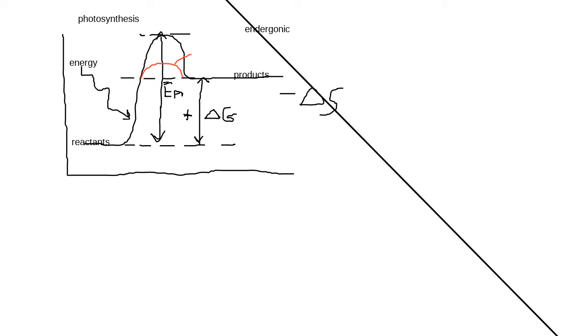I just wanted to make sure you knew where your activation energy might be in a reaction like this. So that red arrow would be your activation energy with enzyme, and the black one next to it would be activation energy without enzymes. Okay, so that's a pretty good free energy graph review.